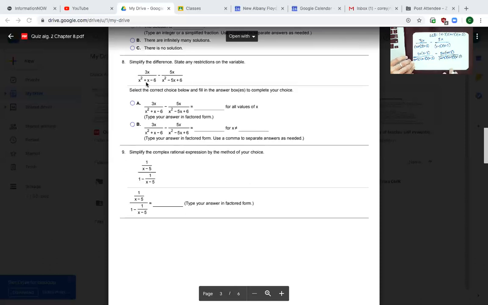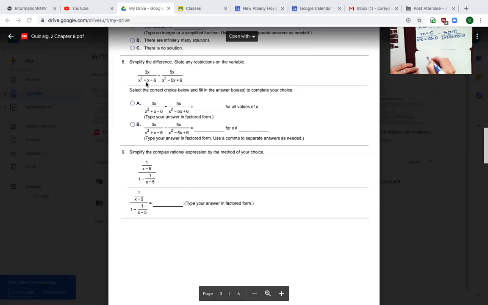All right, so from here, I am going to need another board. So here we go. Continuing on, I'm just focusing on the numerator right now. We would want to go ahead and distribute and then combine like terms.